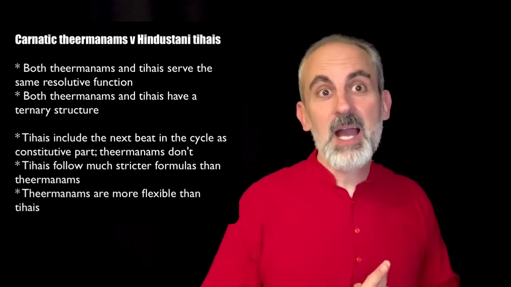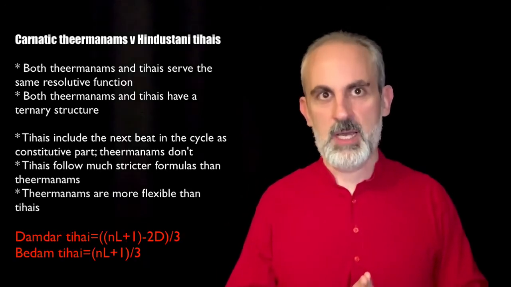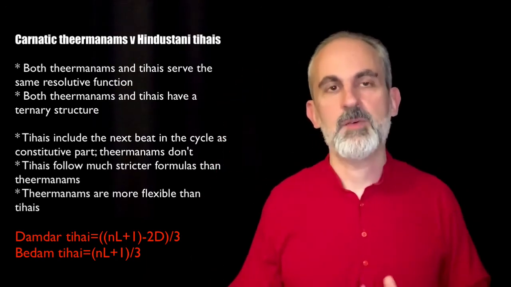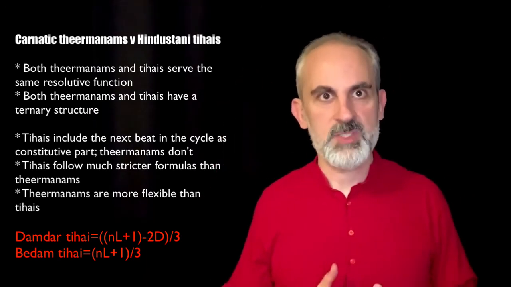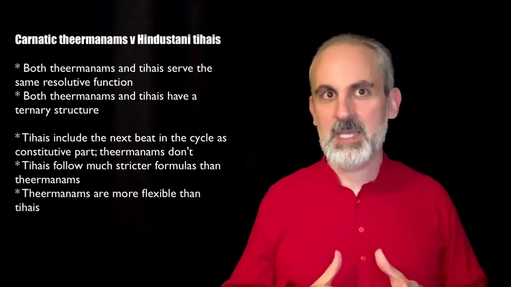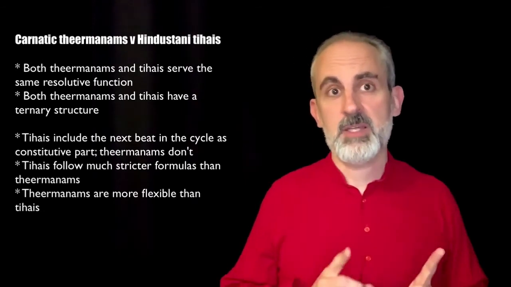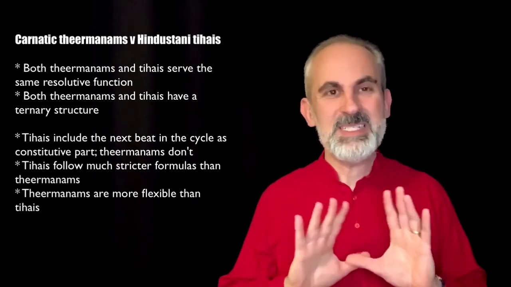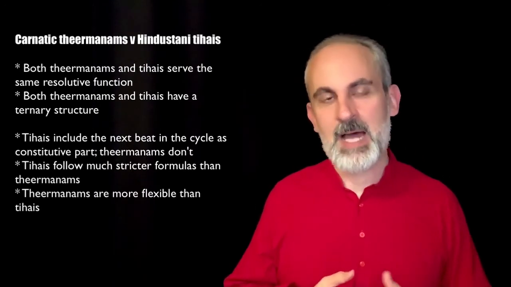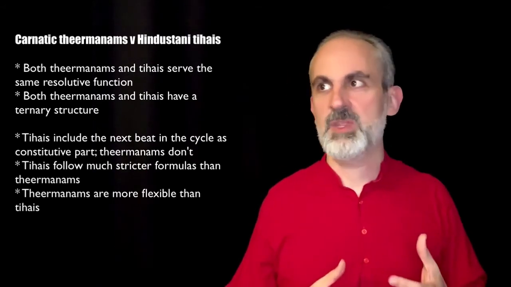And finally, Tihais follow a much stricter formula. And right here, I'm going to just put together two formulas that actually are for Tihais with or without pauses, which means that they are much stricter in what you can do to them. They are not really flexible. Theermanams, on the other hand, by having this very simple 5-component structure, are much more flexible. And as I said before, you can play around with these components.